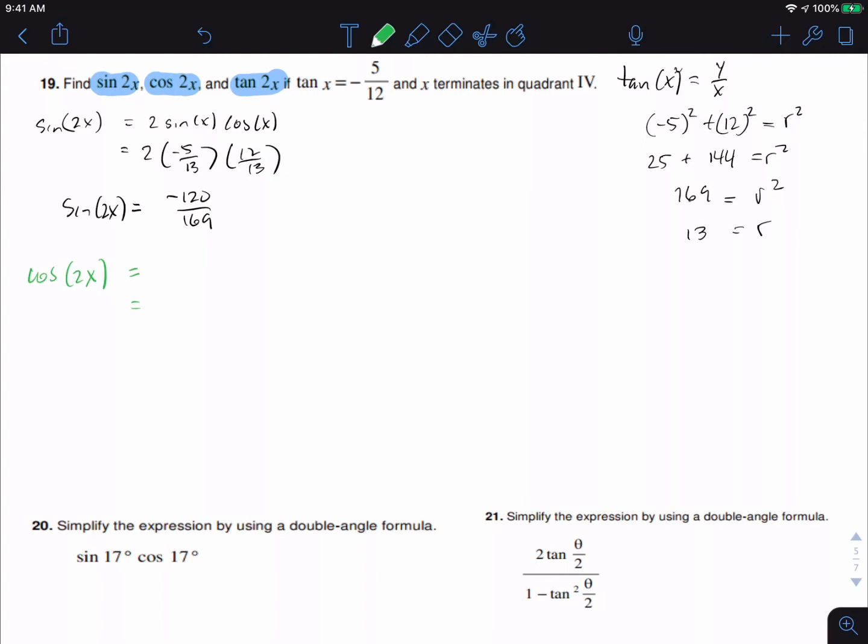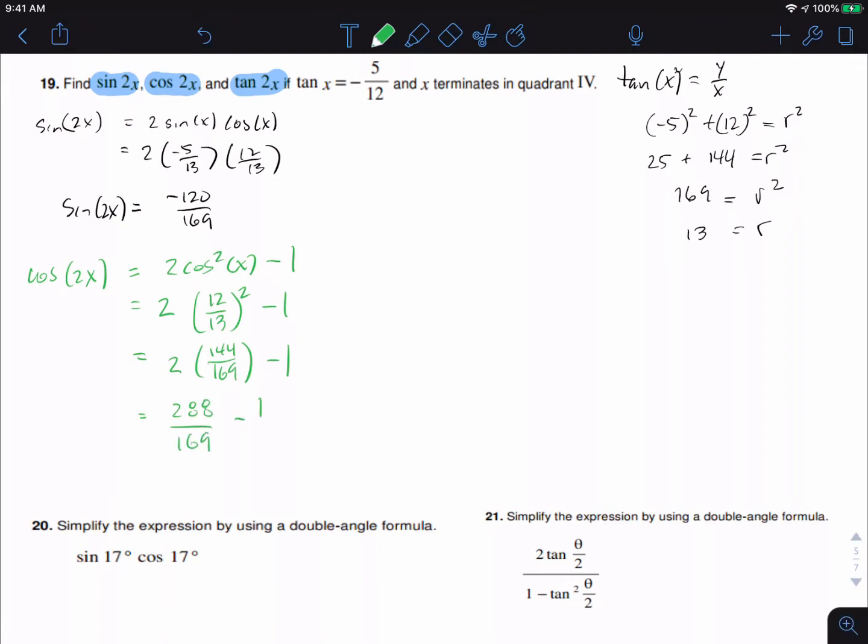And then going back to cosine of 2x, I'm going to use that same one. But cosine is x over r, so that's going to be 2 times 12 over 13 squared minus 1, which is going to give me 2 times 144 over 169 minus 1. And so that's going to give me 288 over 169.